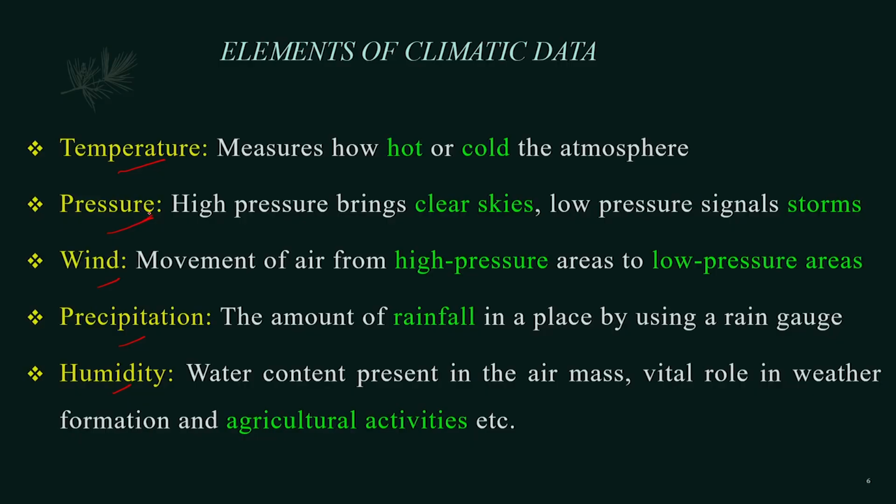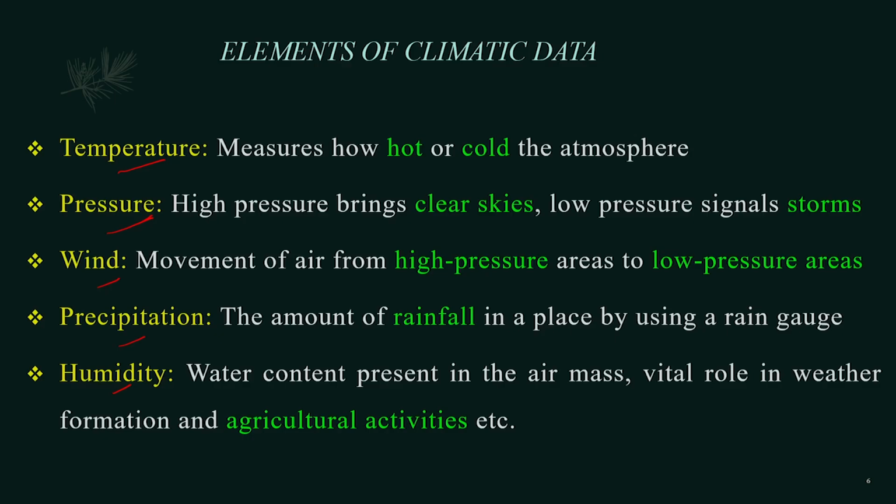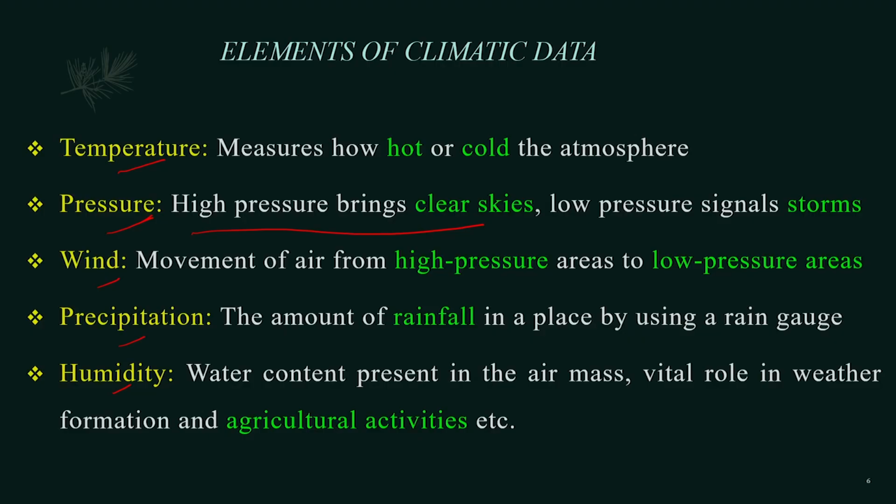Pressure data is usually used to understand high and low pressure. For example, if there is high pressure, we know that the skies are clear. If it is low pressure, then there is a possibility of storms in that particular region.